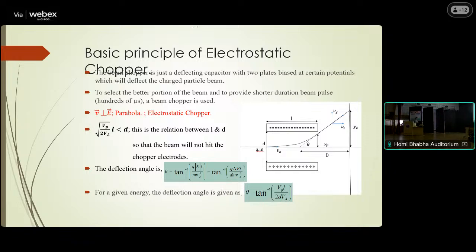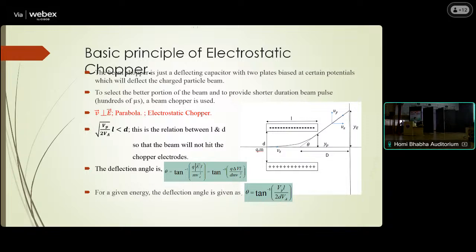As this is a medium energy, high intensity, CW compatible proton Linac, we have to put some beam dump over there to minimize the local effects. The deflecting angle theta is equal to tan inverse of QEL divided by M into VZ square.